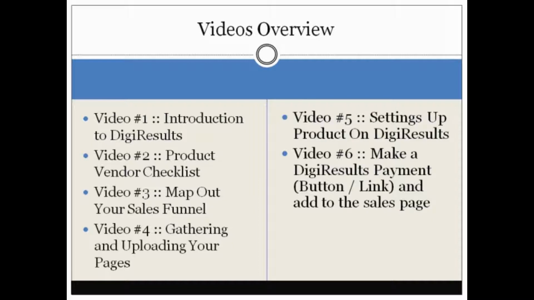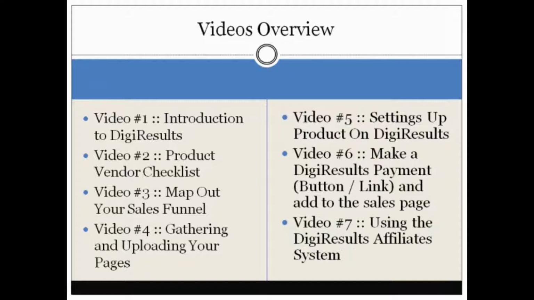If you have your own button on your sales page, I'm going to show you how to add the link to the button. So whatever avenue that you choose, I'm going to make sure that you're covered. And then we're going to add that to the sales page. And then of course, we're going to upload that to your website through FTP. And of course, last but not least, video number 7, I'm going to show you how to use the DigiResults affiliate system. All right, so with that said, let's talk about mindset.